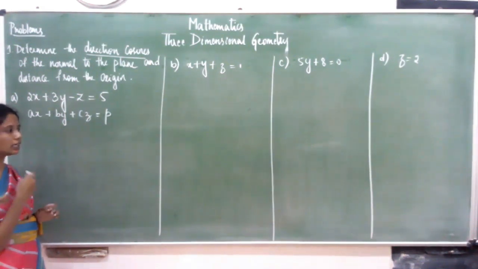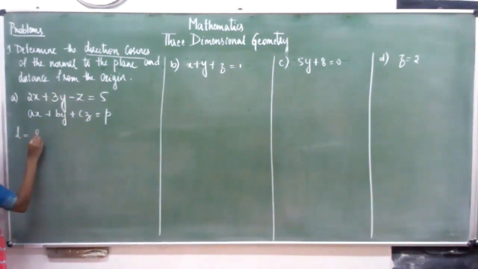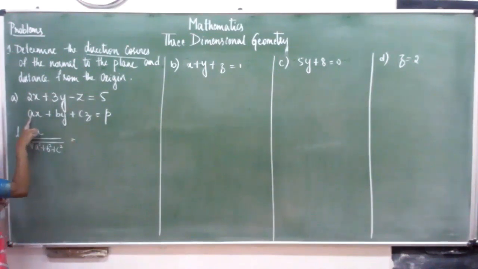In order to find that, let us first find our direction cosines. So we need to find L, M and N. L we know is given by A divided by root of A square plus B square plus C square. What is the value of A in this question?